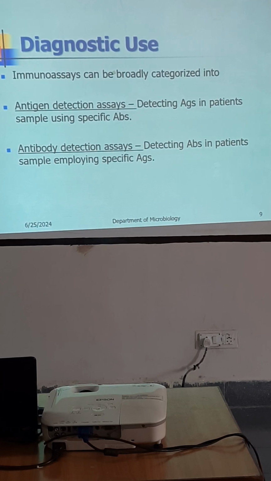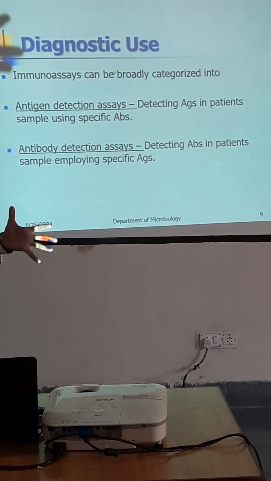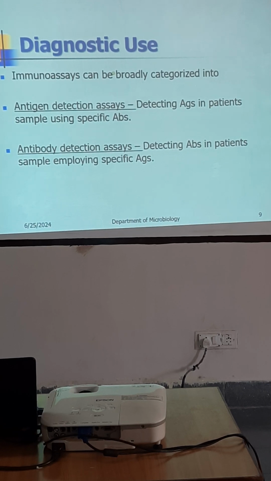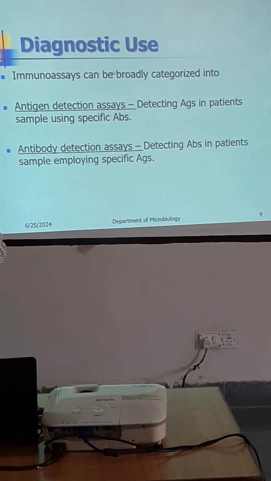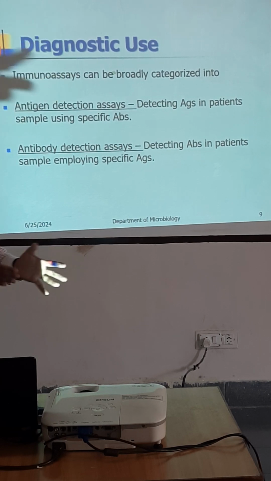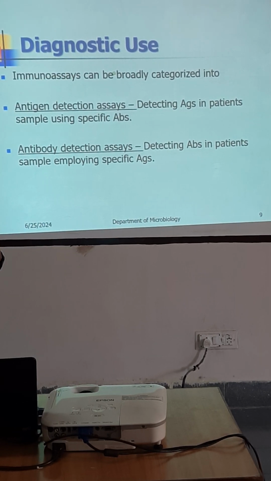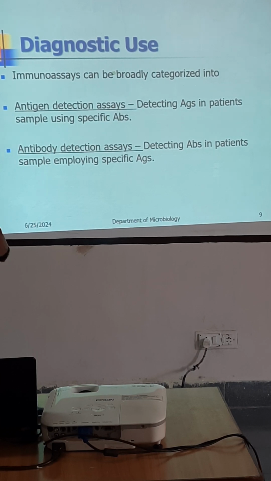In antibody detection assays, we use antigens to detect specific antibody against a specific infectious disease in the patient specimen. So we are detecting antibody here using commercially prepared antigen. In the first one, we are detecting antigen using commercially prepared antibodies.